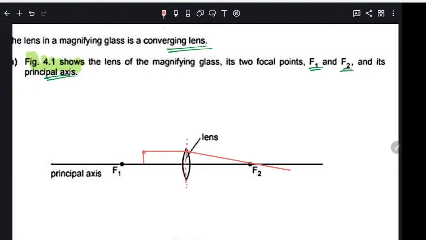Here's the first thing you do. Then the second thing you do is you draw this one, the one we've been drawing. Then you make it continue.